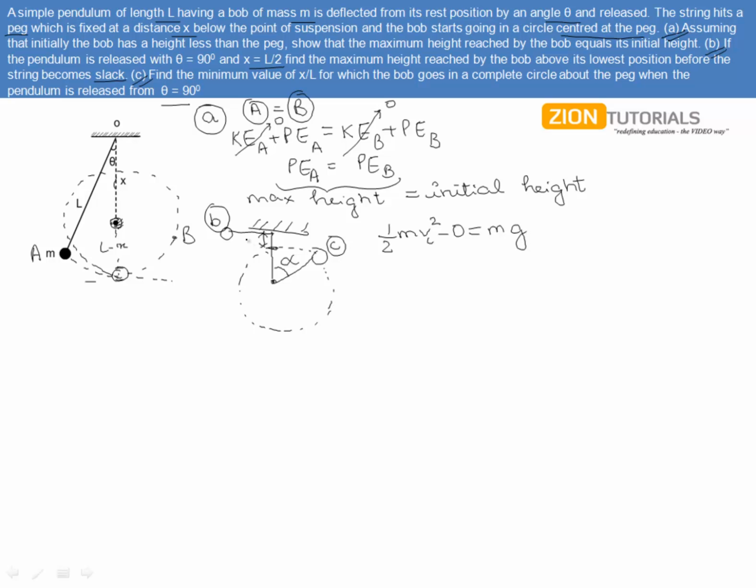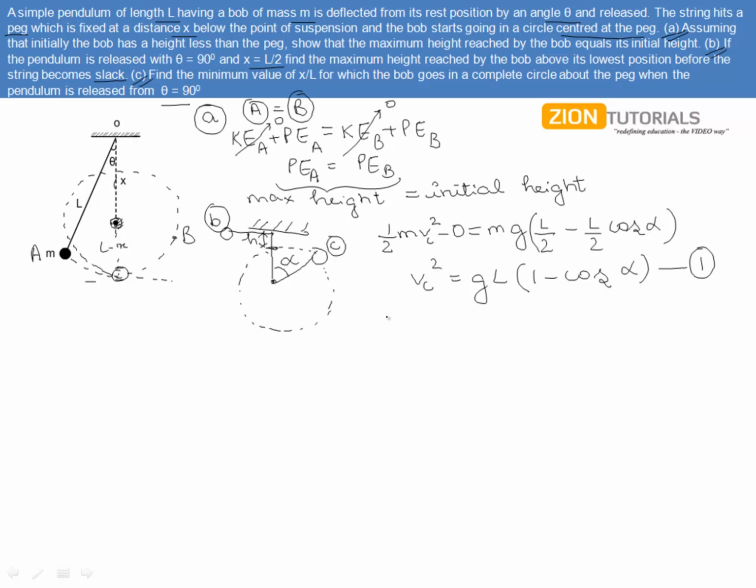Now this height h will be L by 2 minus L by 2 cos alpha, right? So from here we can write Vc squared is equal to gL into 1 minus cos alpha. Marking it as equation number 1, let us proceed.